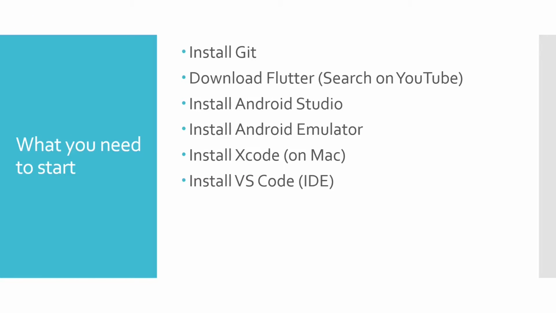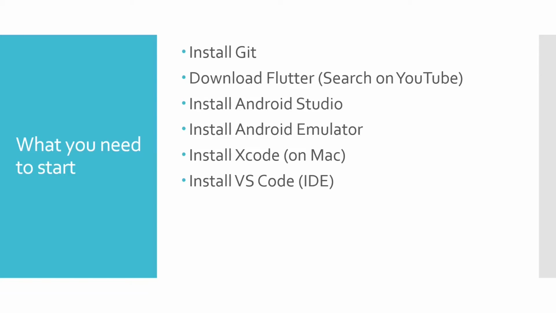What you need to start, first of all, you need to install Git, and using Git you're able to download Flutter, and downloading Flutter is like a 40-minute process, so it's better that you just search it on YouTube and you will be able to find it. Next, you need to install Android Studio.